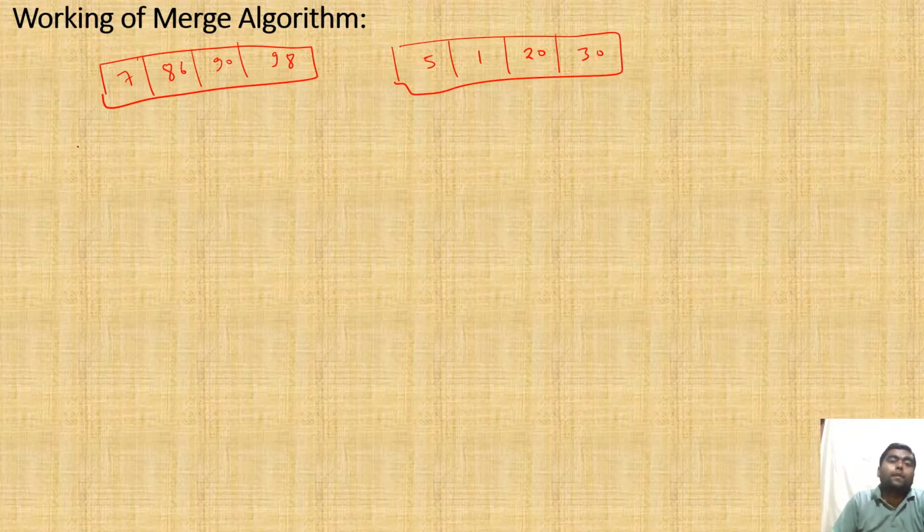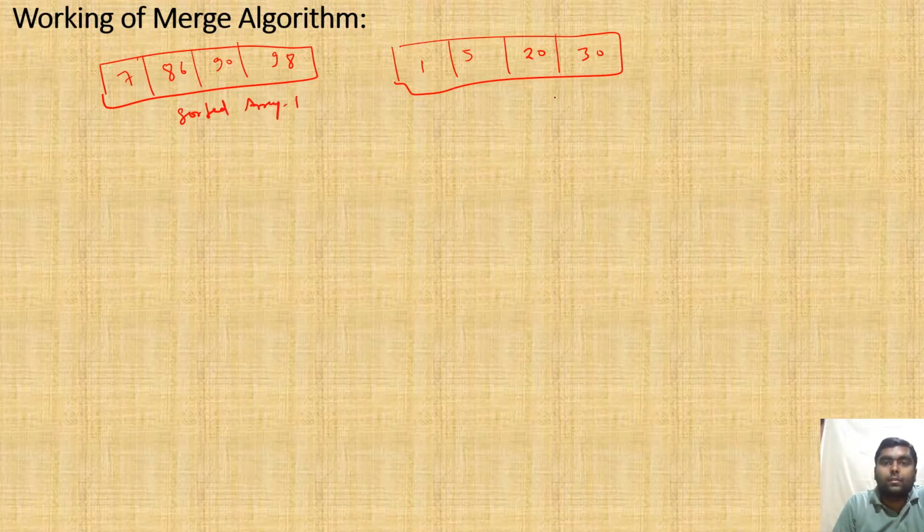So these are two sorted lists. I think they are not sorted. This is wrong. So it is 1 and 5, and this is sorted. So sorted array 1, and this is sorted array 2.